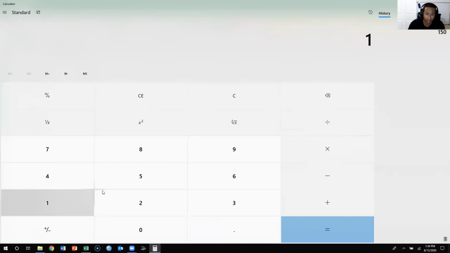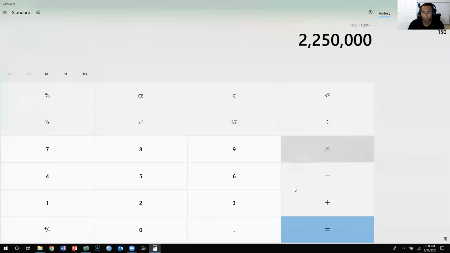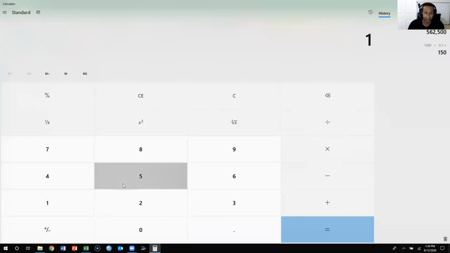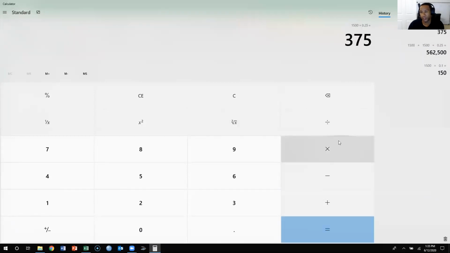So I would do 1,500 times 0.25, and that is going to give me 375. So that's the number that I'm looking for. So that's how you go about getting the N.